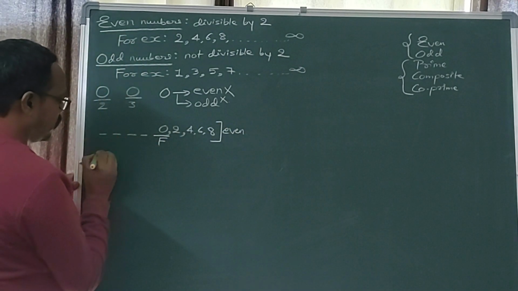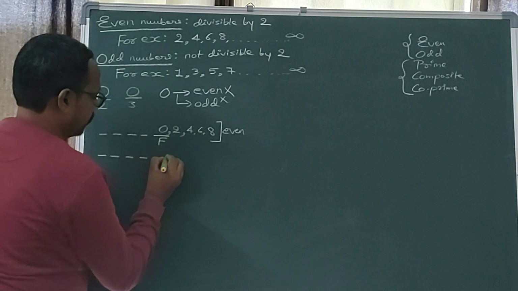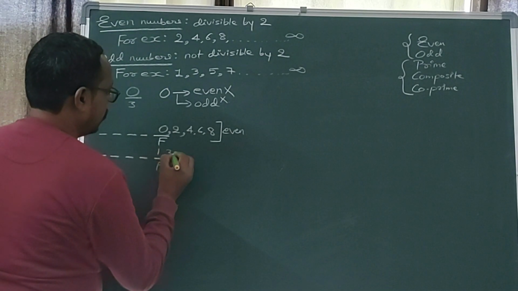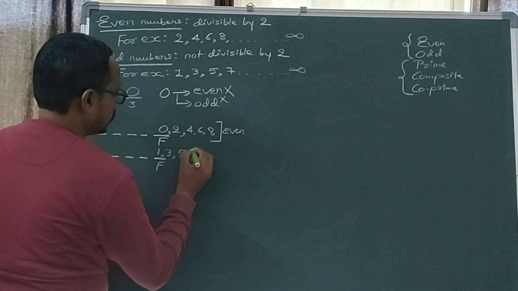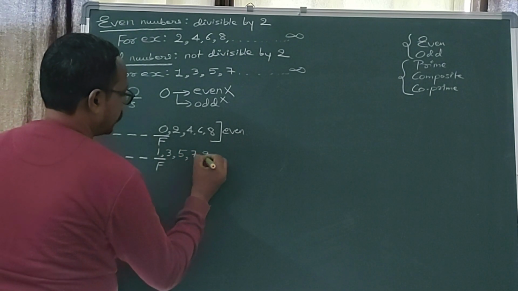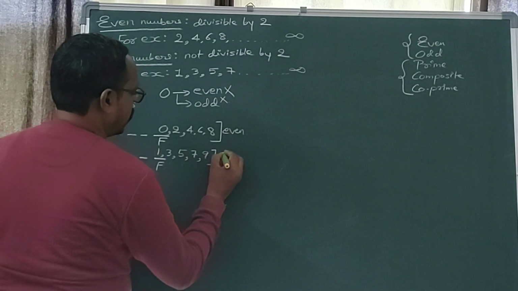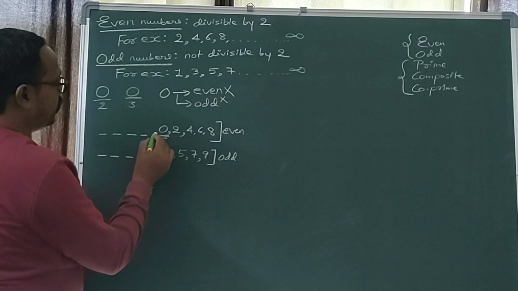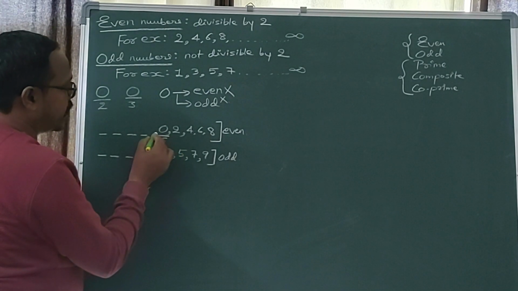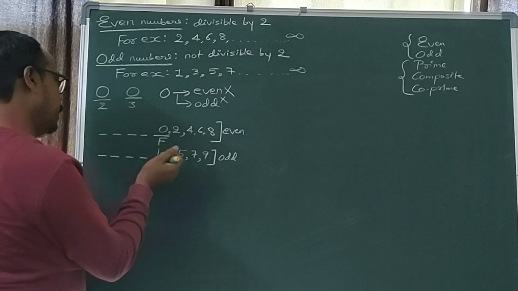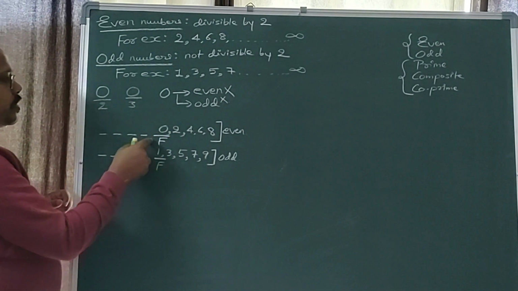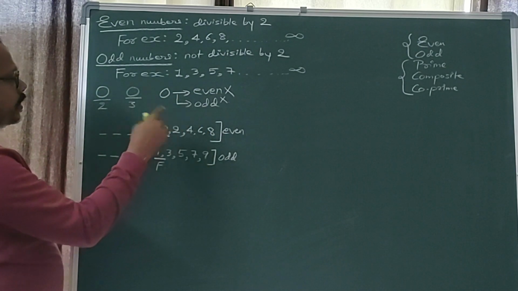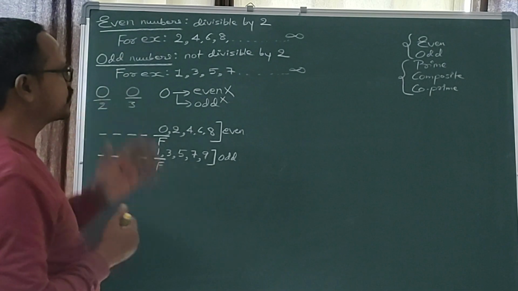Same case: if the first place is occupied by 1, 3, 5, 7 or 9, that is an odd one. Please don't get confused that I will put 0 at the first place of the number. If 0 is at the first place of a number, then that number is an even number. But 0 itself is neither even nor odd. Okay? So it's very simple.